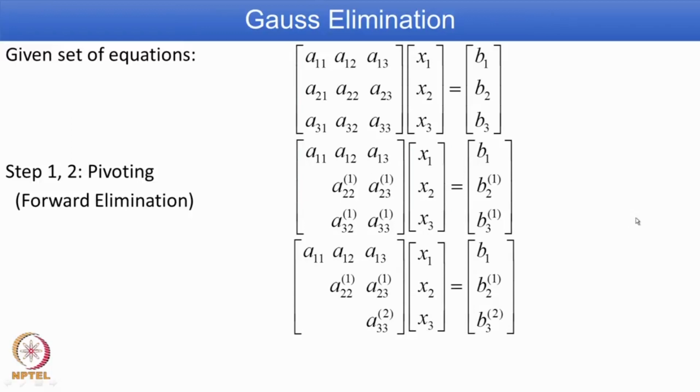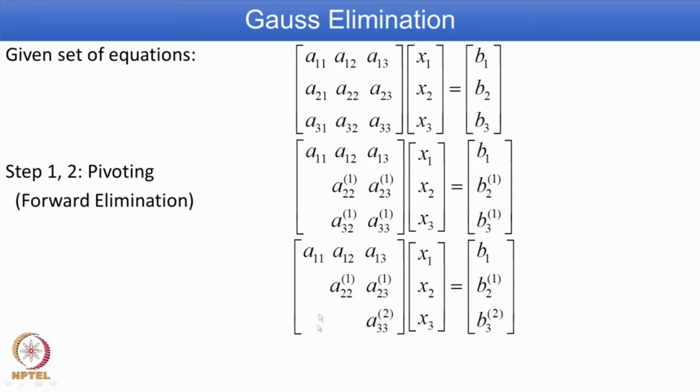Now you do the pivoting for the second step also, and you can observe the third row is now altered as A33 with a superscript 2, standing for the second pivoting. Correspondingly, B also is changed, B3 with a superscript 2.